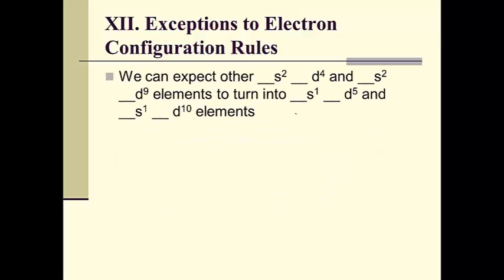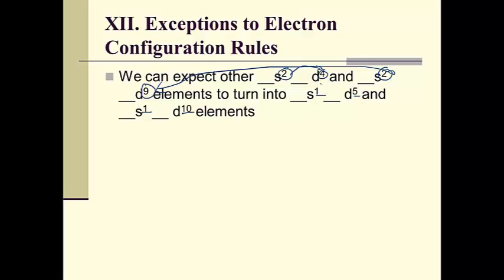So we can expect other atoms to be doing that. Anything that ends in s2d4 or s2d9, for the same basic reason we talked about before, one of these electrons will jump up and become s1d5, and the other will become s1d10. So which elements do we expect to do that?